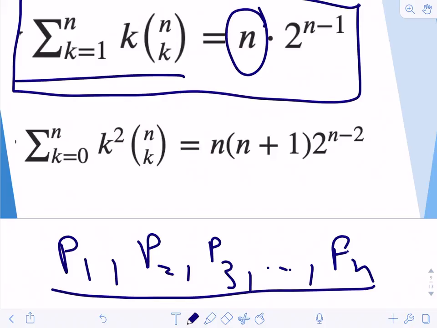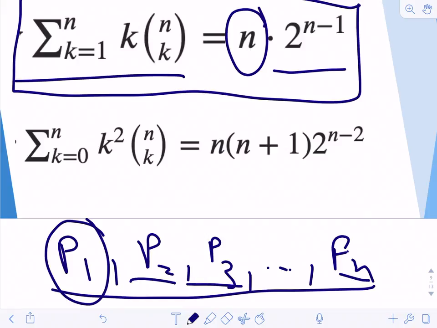So for example, if you choose P1 to be the leader, then the 2 to the n minus 1 will correspond to deciding whether or not P2 should belong to this committee or not, whether P3 should belong to the committee or not, all the way up to figuring out whether or not Pn should belong to this committee. Since you have two choices for each of the remaining n minus 1 people, this is 2 to the n minus 1.